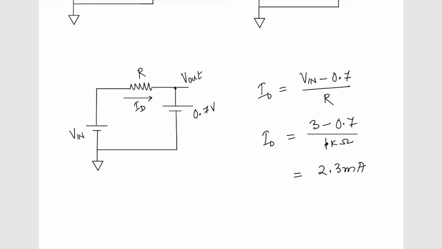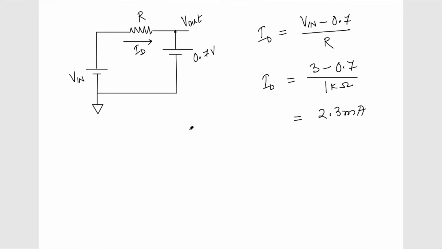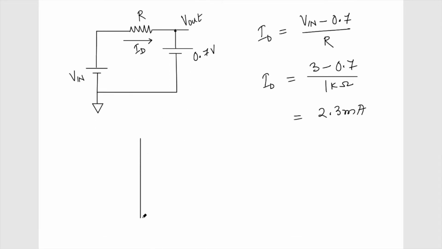If the resistor, instead of 1K, is 10K, then the division will happen and the current will be 10 times smaller. So the diode itself is not defining the current. In this model, we have considered that the voltage across the diode is 0.7, with this being the current across the diode and this the voltage VD across it.